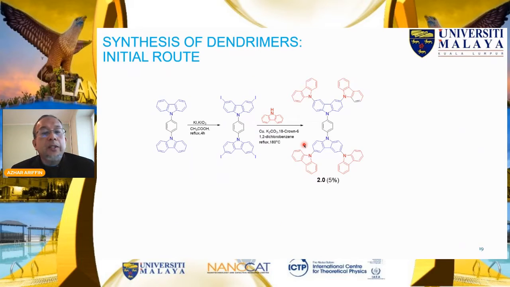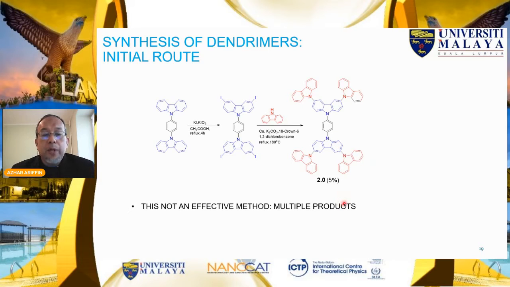So first we look at compound number 2. This compound can be easily synthesized starting from this compound, that is what we thought initially. We had this in the lab, so we just tried iodination and then the Ullmann coupling reaction. But unfortunately, this reaction didn't work very well.